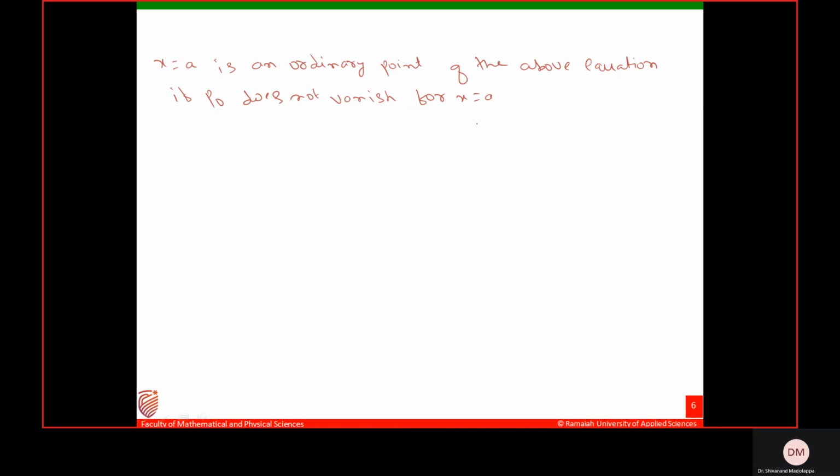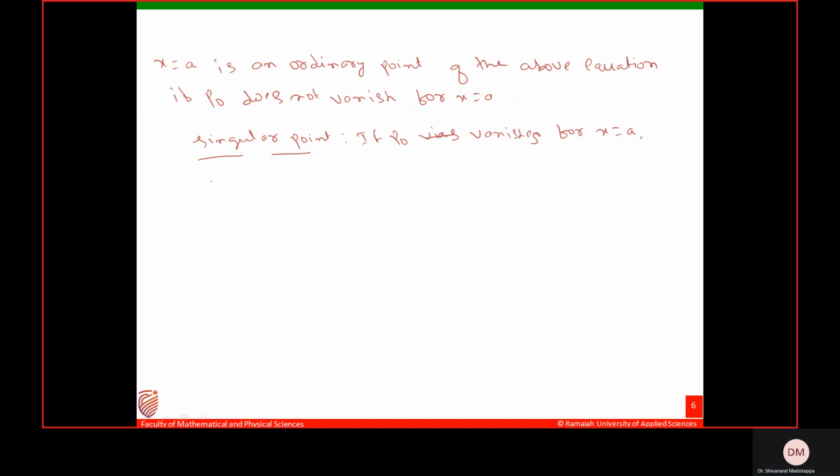It is called a singular point if P naught vanishes for x is equal to a.